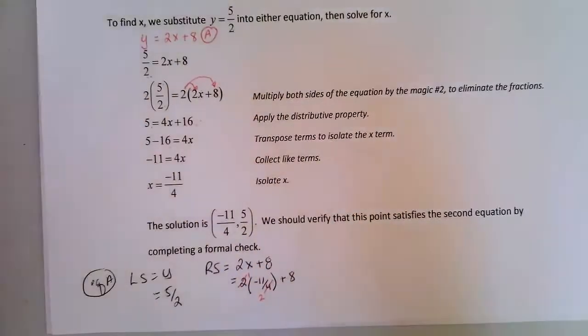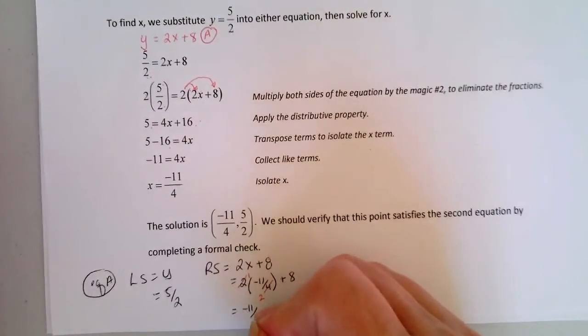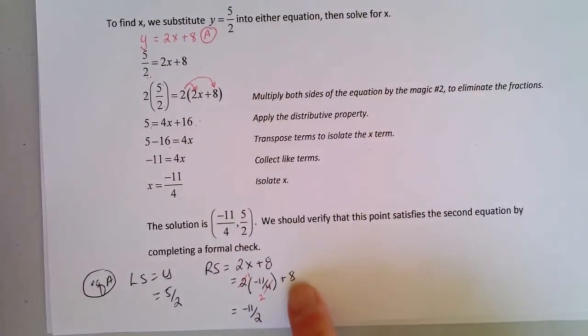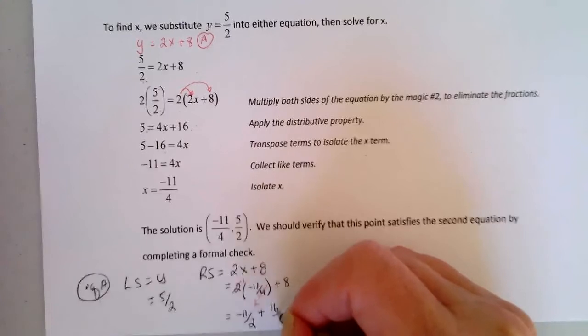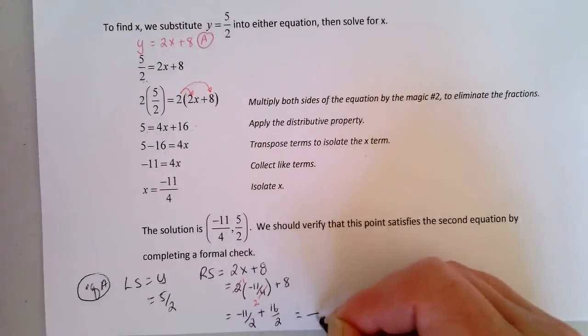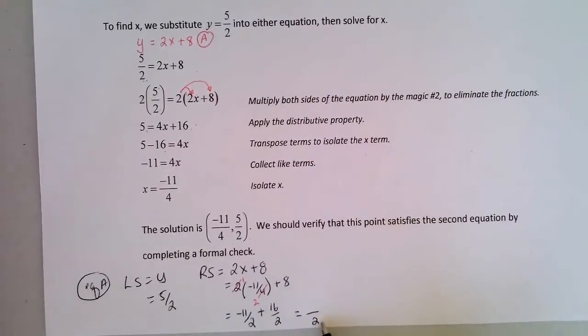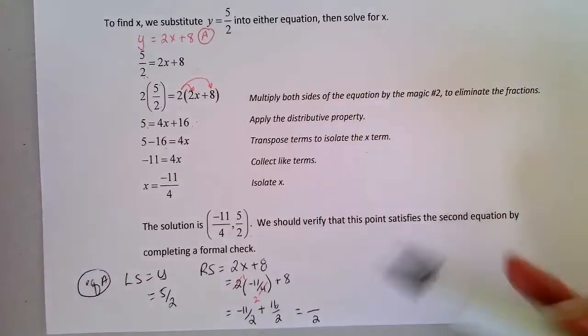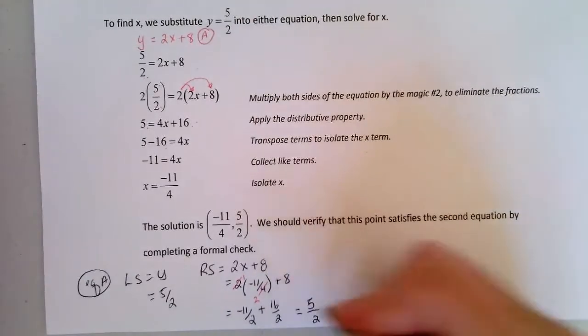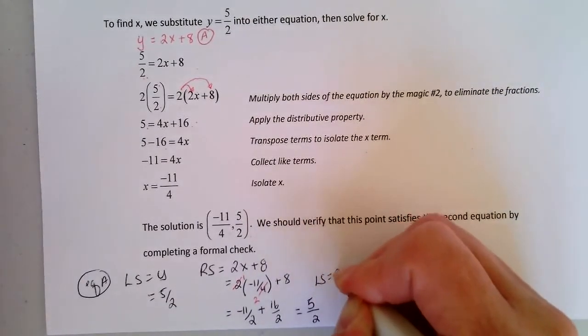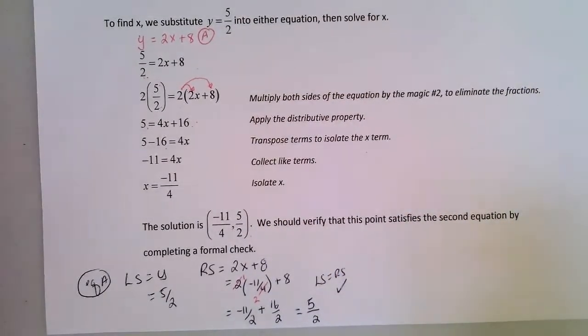So we're going to get negative 11 over 2. Now, I'm going to be adding that to an 8, but because I have a fraction, I know that I need a common denominator. So the 8 will become 16 over 2, and then you keep the denominator the same and add the numbers in the numerator. So negative 11 plus 16 is equal to 5. So the left side equals the right side for the first equation.